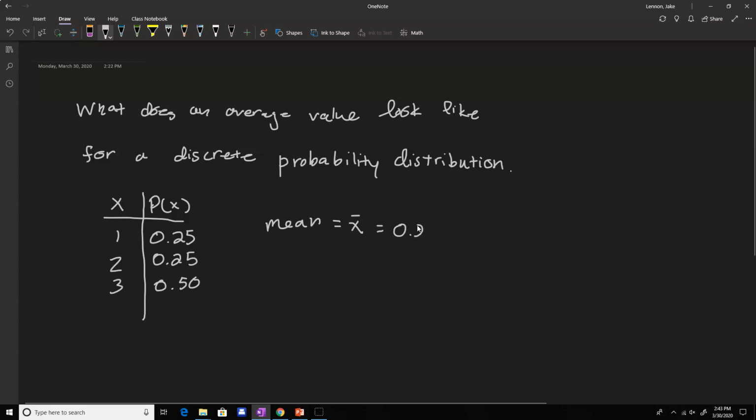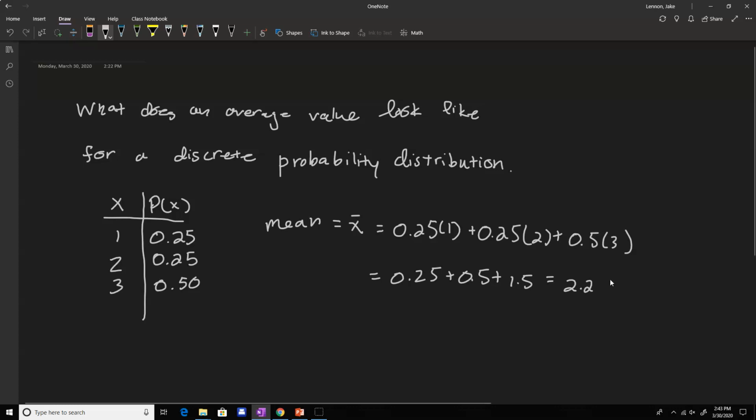So you would have 0.25 times 1 plus 0.25 times 2 plus 0.5 times 3. So this comes out to 0.25 plus 0.5 plus 1.5. So that gives us a mean, in this case, of 2.25.